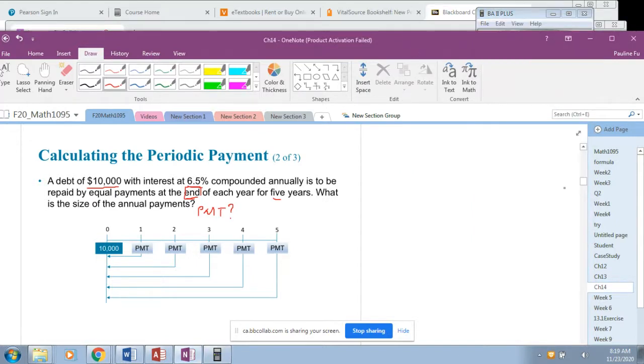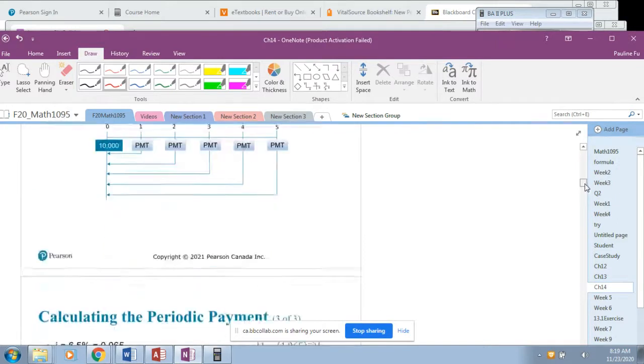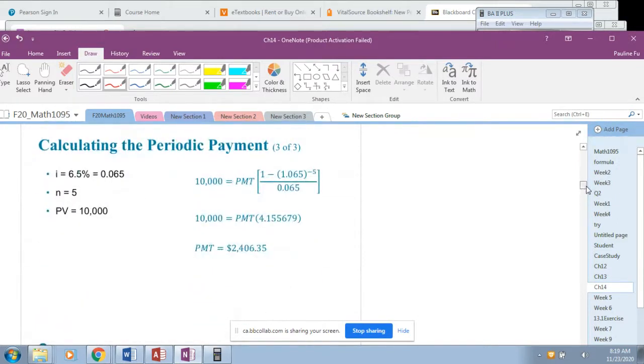So this is the calculator method. And if you use the formula, remember, plug in the PV formula. PV equals PMT times this bracket, and you plug in the related numbers, I the periodic interest. When you use the formula, I has a percentage sign.